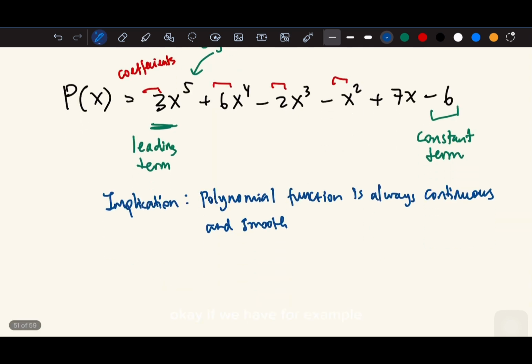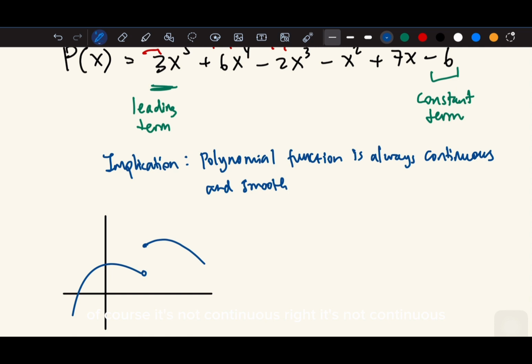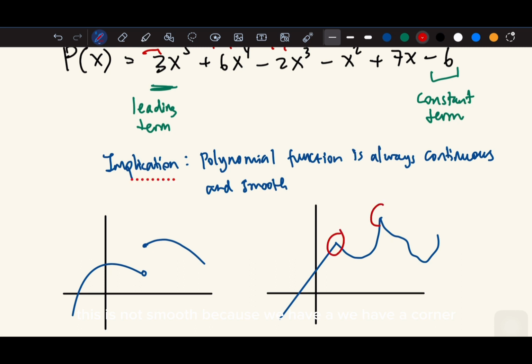Okay, just a slight example here. If you have something like in your calculus class, like this, and then you have a break like that, of course it's not continuous, right? And if you have something like that, this is not smooth because we have a corner.